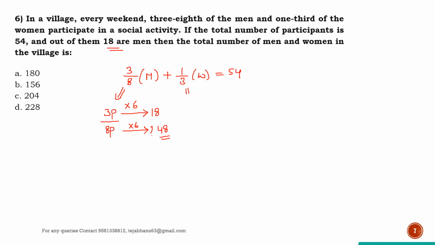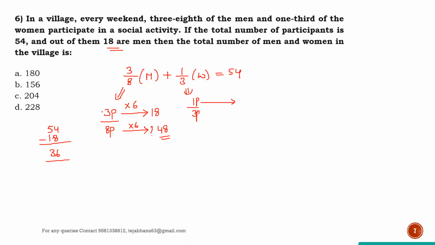Now have a look. Out of this, 1/3, that is 1 part out of 3 parts of women participated in the social activity. Now we know that out of 54, 18 are men. If you subtract it, the remaining 36 are women.